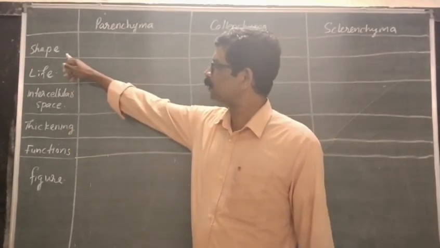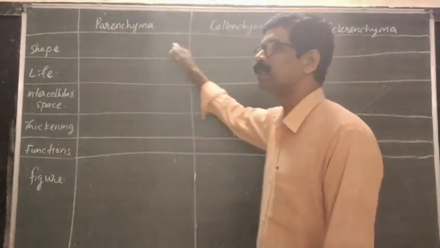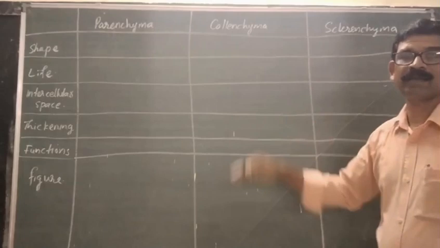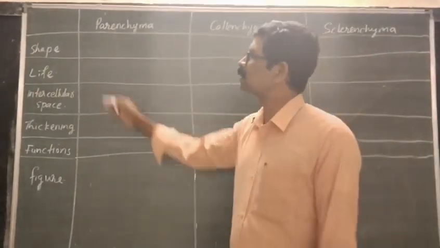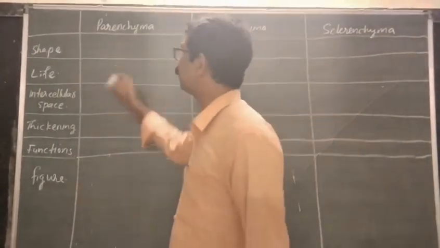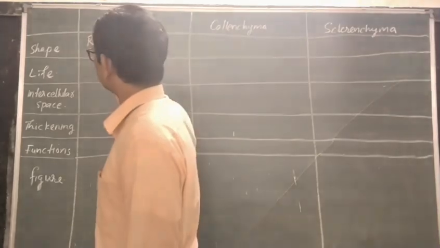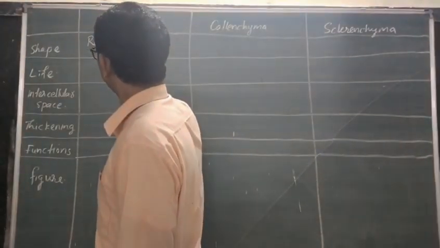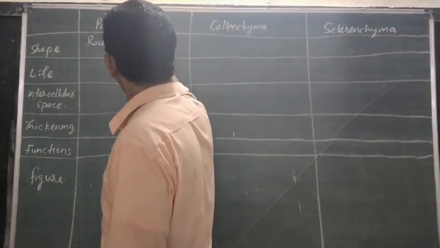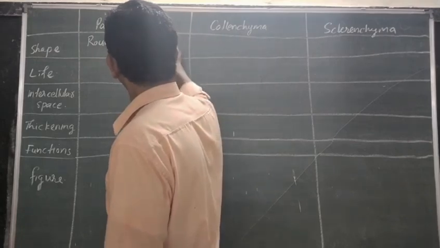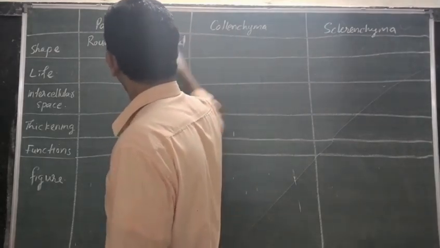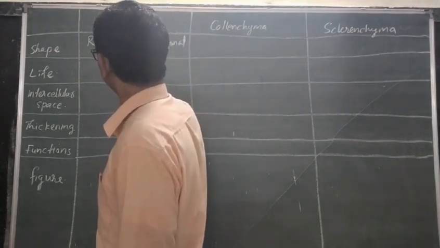First we will think about the shape of these three tissues. By comparing, we can easily study. In case of shape, parenchyma cells may be round, oval, polygonal, or elongated.